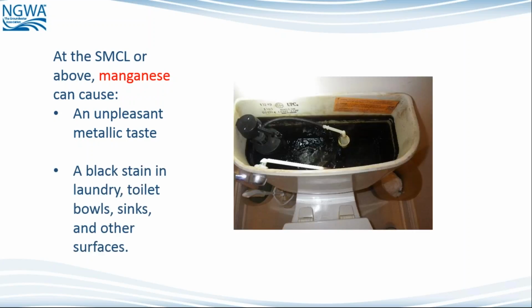Manganese is exactly the same, an unpleasant metallic taste. However, this taste from manganese is much more bitter and stronger than the metallic taste from iron. I think you would probably realize that anytime you drink water with an excessive concentration of manganese. And the staining issues are considerably worse.